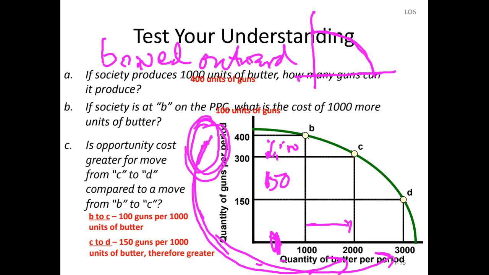A large number of these workers means a large decrease in the production of guns. So because of the non-substitutability of these factors of production in these two different sectors, we have the bowed outward shape of the production possibilities frontier. Let me give you another example.